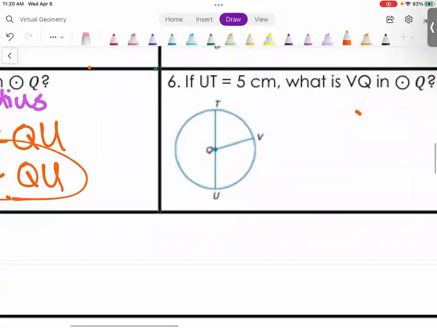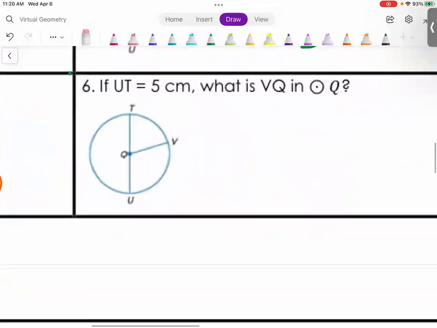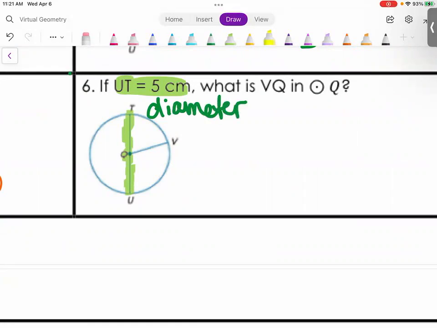All right, last one, and then we'll check out the rest of our formulas. Similar situation. UT is 5. That starts at U, goes all the way across to T, which makes it a diameter. What is the length of VQ? VQ is a radius.